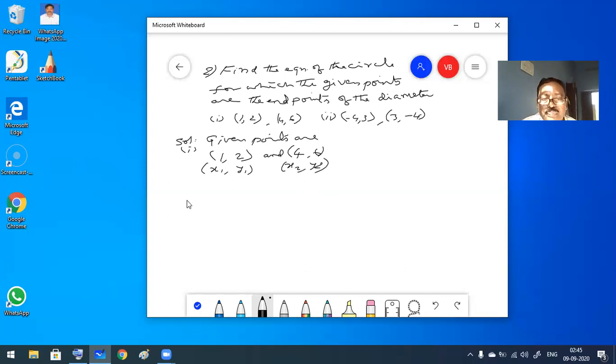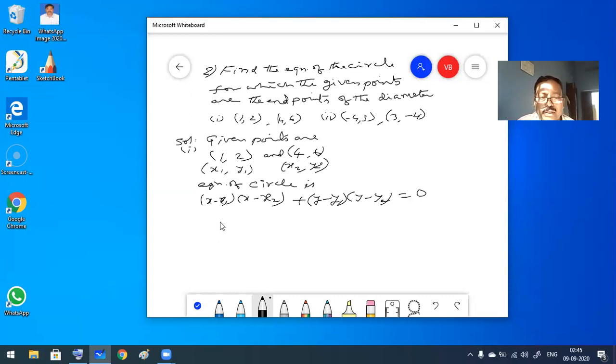So the equation of the circle is x minus x1 into x minus x2 plus y minus y1 into y minus y2 is equal to 0.